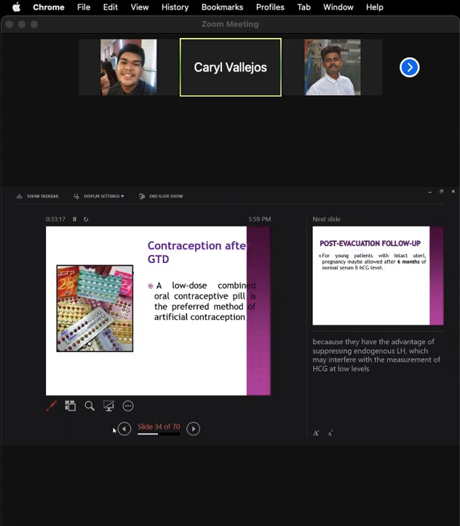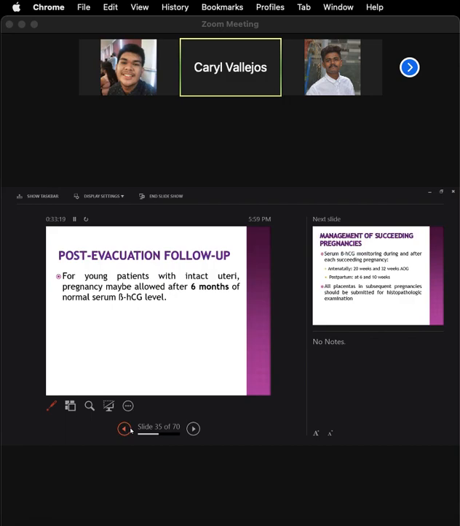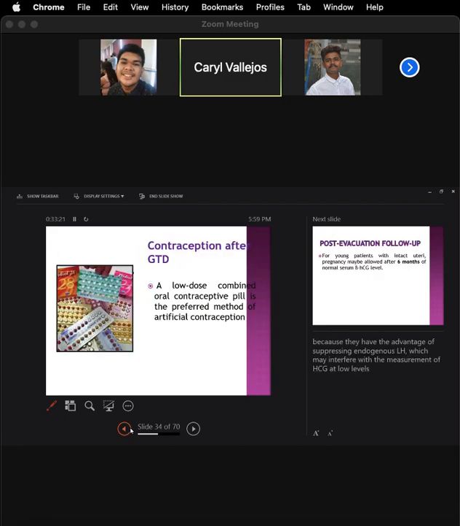So, what would you give to the patient as a contraceptive? A low-dose combined oral contraceptive pill is the preferred method of artificial contraception because it has the advantage of suppressing your endogenous luteinizing hormone, which may interfere with the measurement of hCG at low levels.